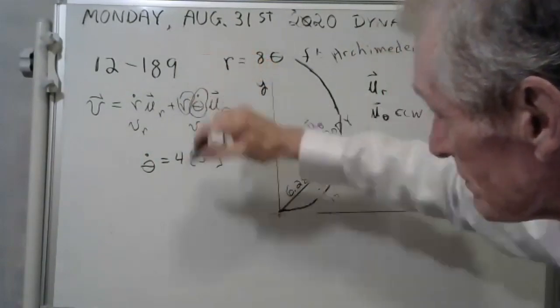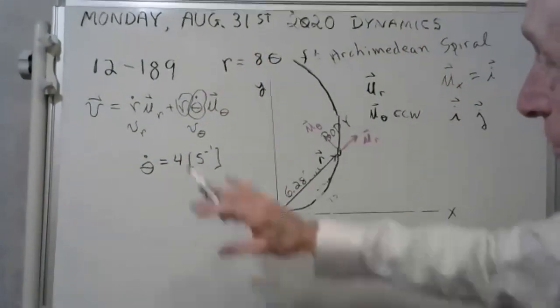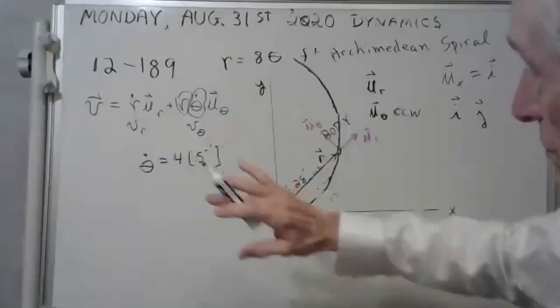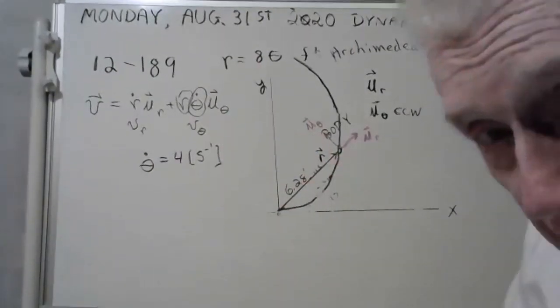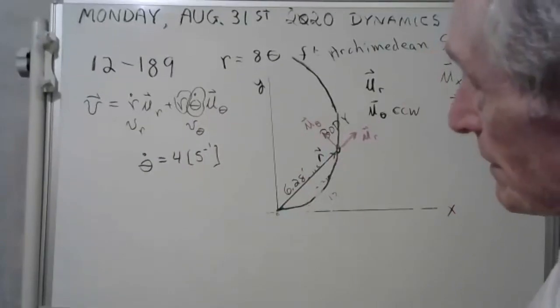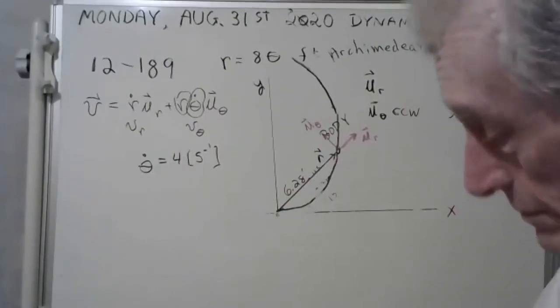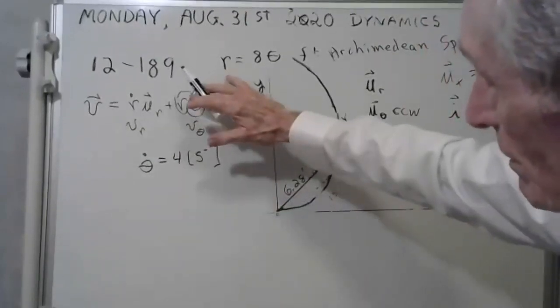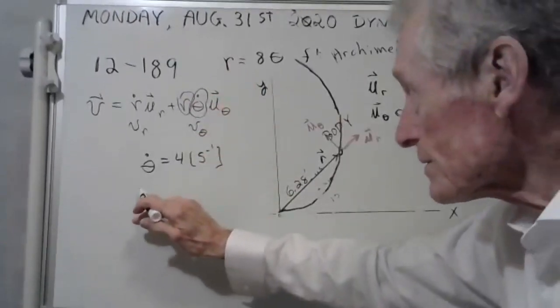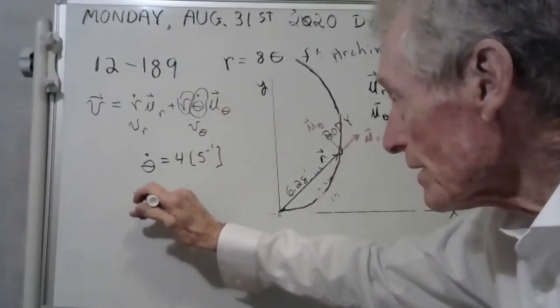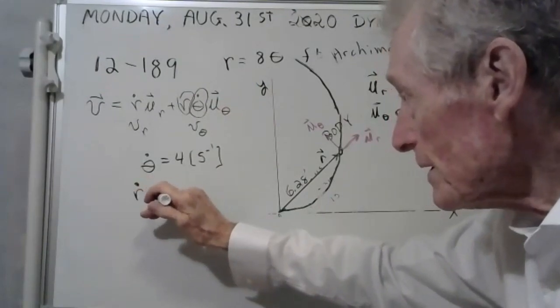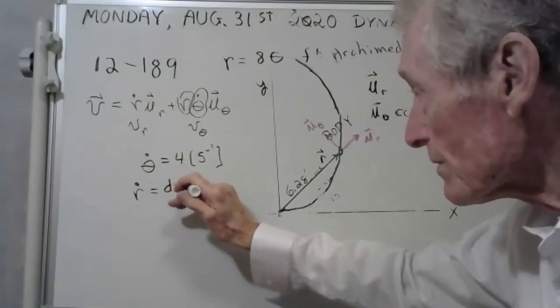So look here, we know theta dot. Isn't that nice? And we know the direction of the transverse unit vector. There, I did it in red. Did it show up? Yeah. But we don't know r dot. But we know r, and we can take the derivative. See, r dot is just shorthand for dr dt.